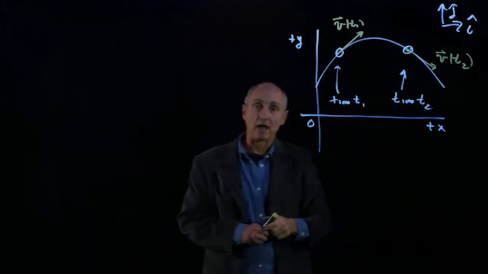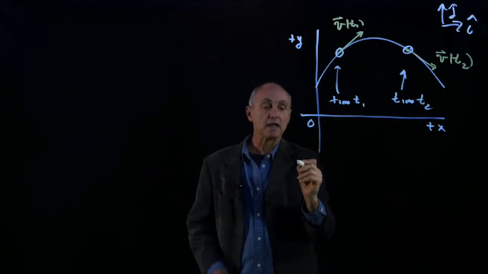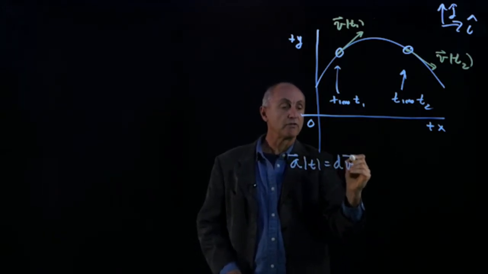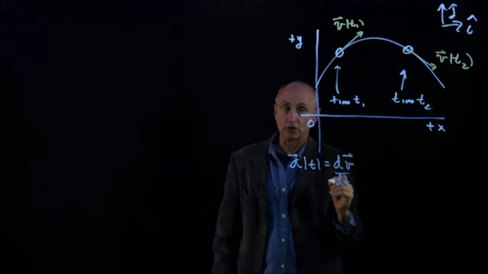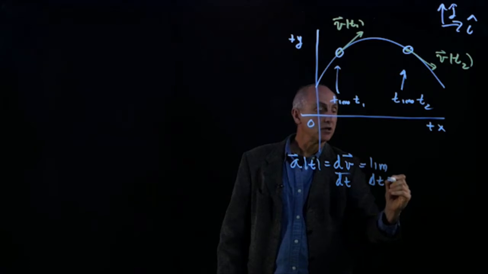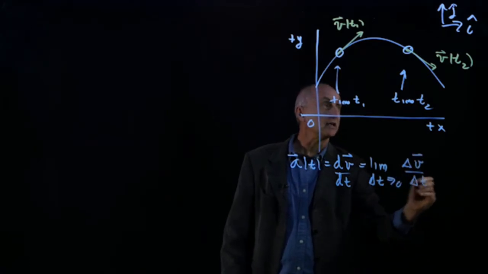And what we'd like to do now is describe, just as before, that our acceleration a of t is the derivative of the velocity as a function of time. What that means is the limit as delta t goes to 0 of delta v over delta t.